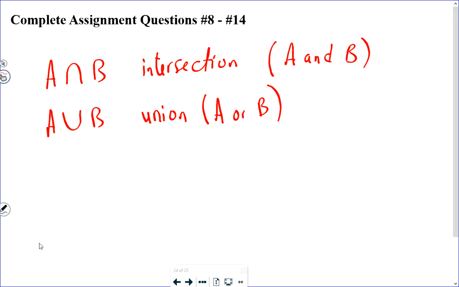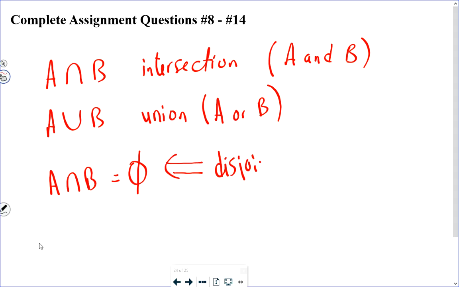And then, of course, disjoint sets where the intersection is the empty set. This means we're talking about disjoint, and there is no overlap.